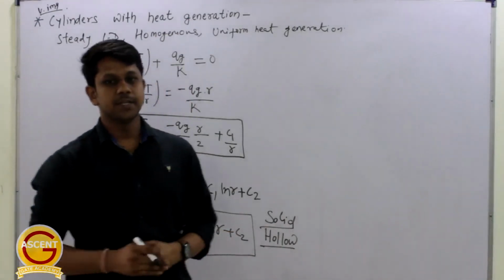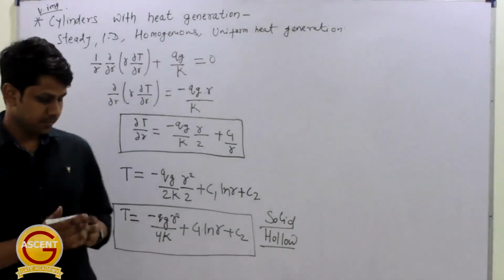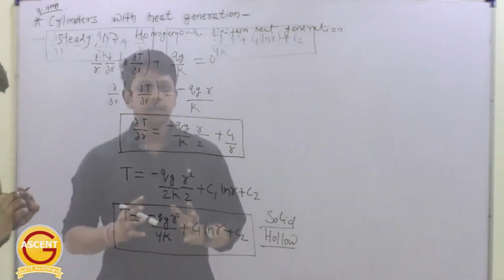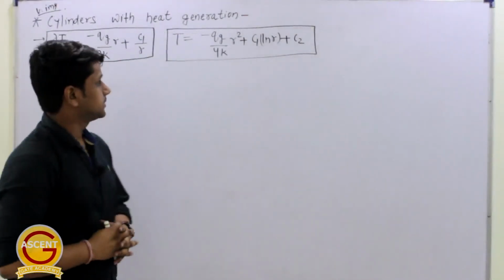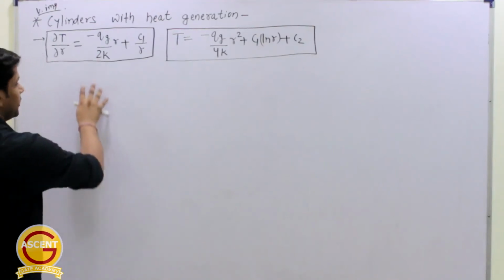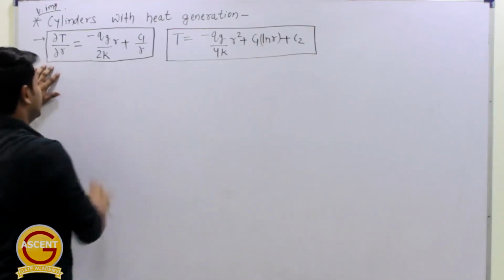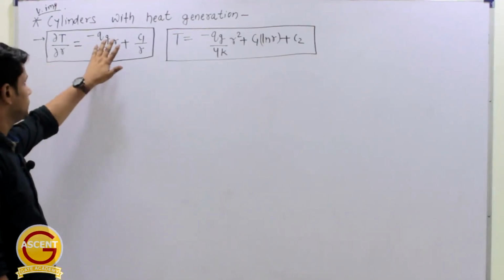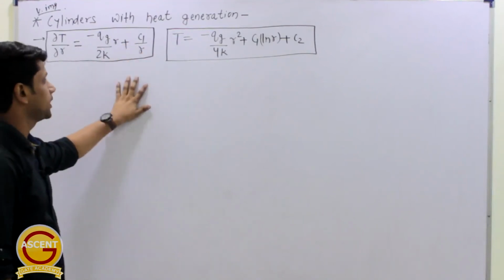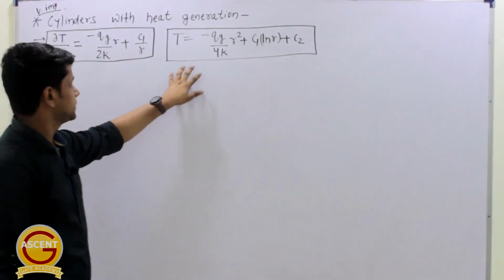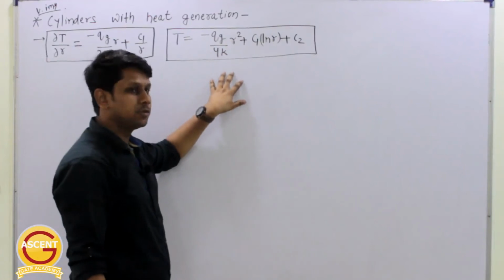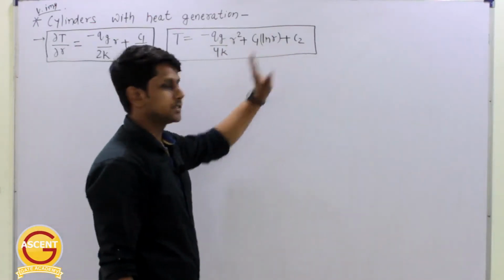So first we will take the solid cylinder, okay. So in cylindrical coordinates with heat generation we have got these two formulas, del T by del R equal to minus Qg R by 2K plus C1 by R, and temperature formula is minus Qg R square by 4K plus C1 ln R plus C2.